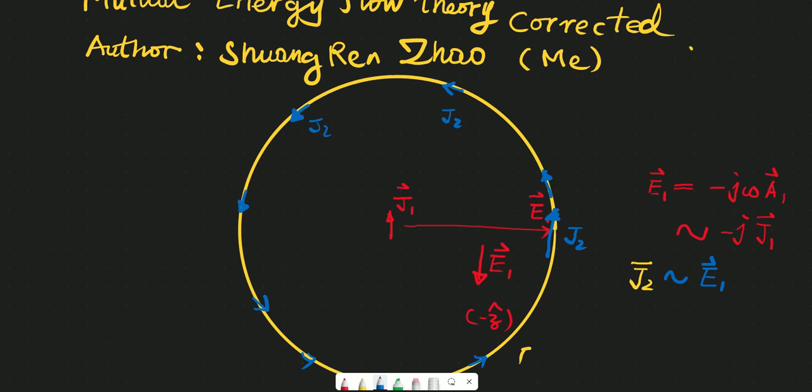That means G1, and that will produce an E2. E2 is also minus G2.